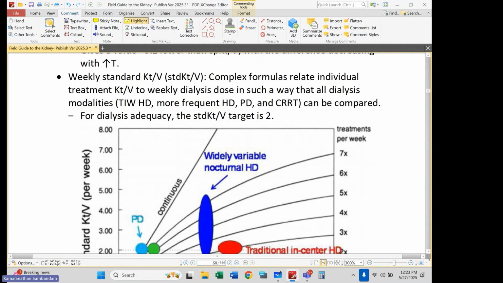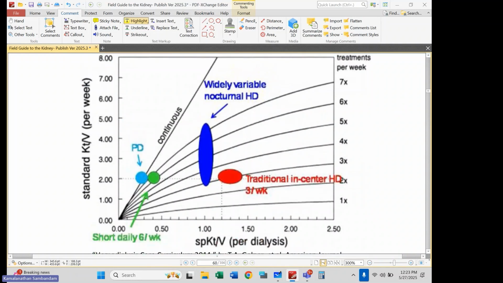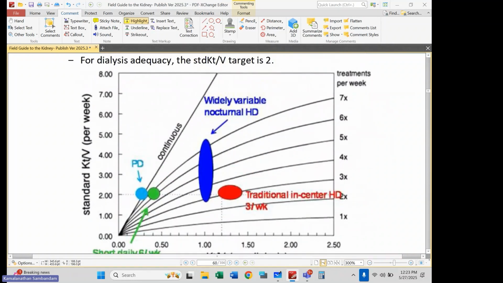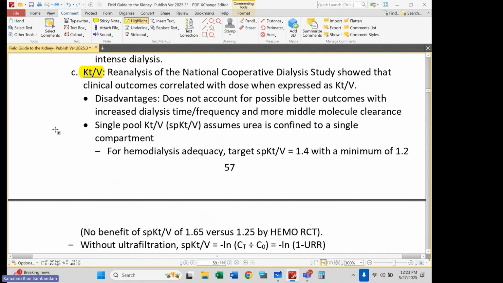If we want to capture dialysis frequency, we have to do it through a term called standard weekly KT over V, which we're going to talk about in short order.